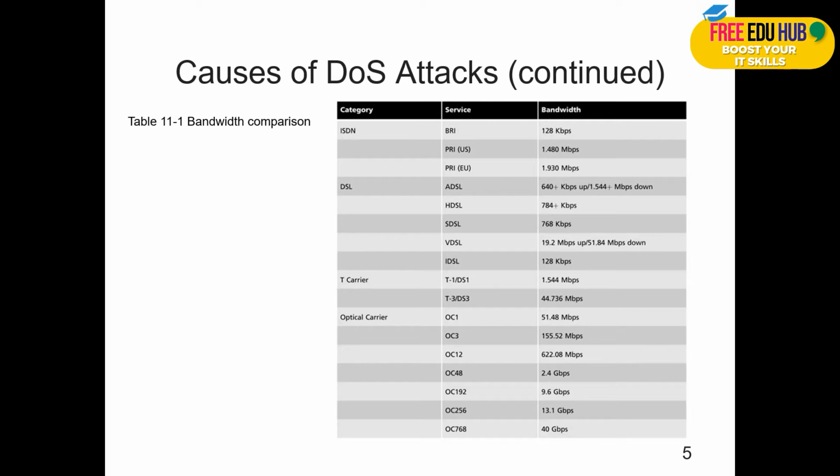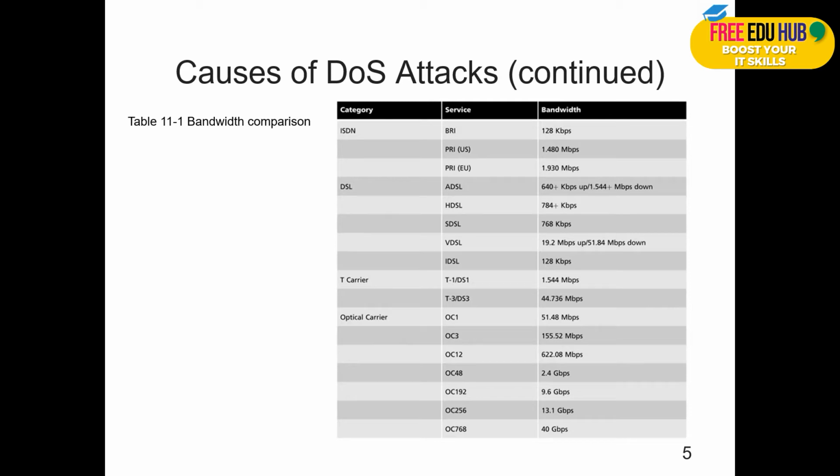Now, the causes of DDoS attacks continue. They are just talking about different kinds of internet bandwidth connections and the service type plus the bandwidth which is there. Just for the sake of information, ISDN comes in two different variants where its speed starts from 128 kbps to almost 2 Mbps, and then DSL starting from 640 kbps to 128 kbps or going up to 19 to 51 Mbps.